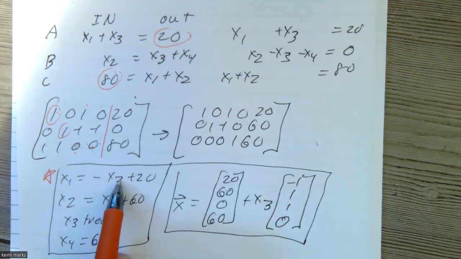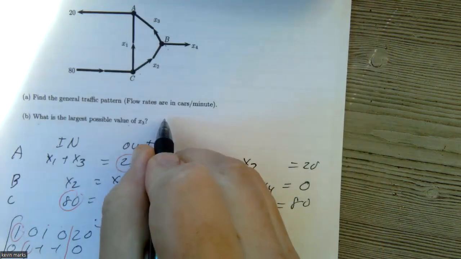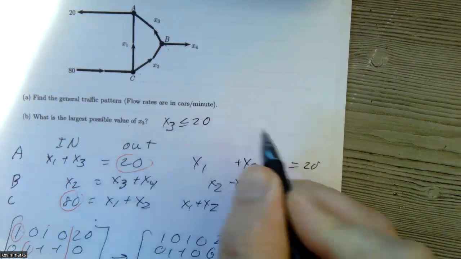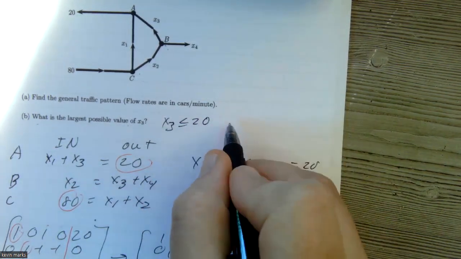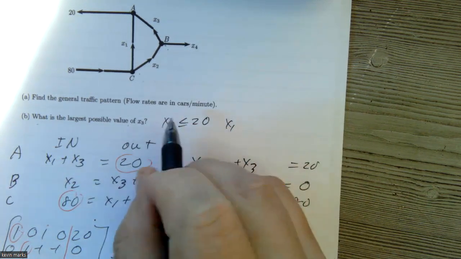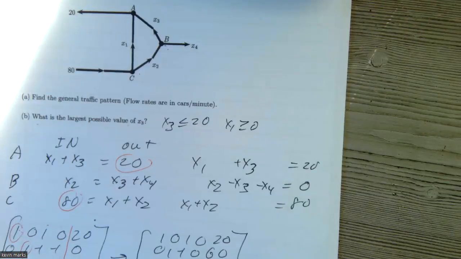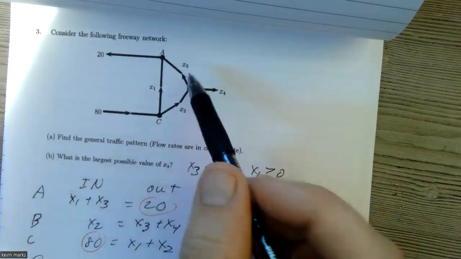Because as soon as x3 gets bigger than 20, this is going to end up being a negative number. So basically, here, x3 has to be less than, well, I guess less than or equal to 20. That would be the largest value because otherwise, if this happens, then x1 would maintain positive. That's the point.